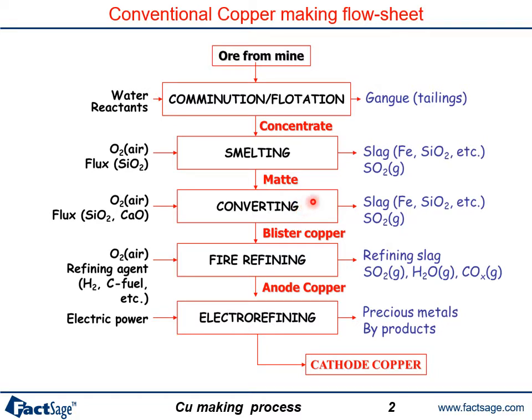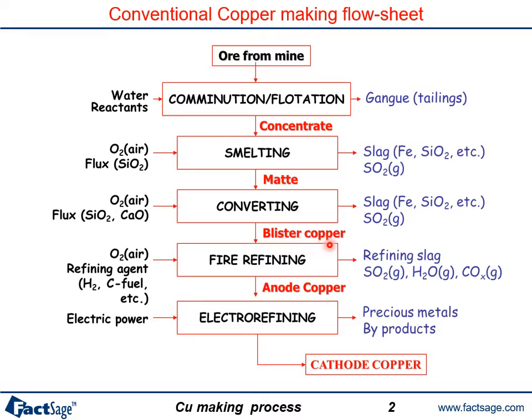And then the remaining matte, which contains about 80% of the copper and then about 20% of sulfur, goes to the second stage of the converting process. And even in the second stage of the converting process, we are injecting the oxygen and a small amount of flux to remove all the iron impurity and then remove the sulfur to make liquid copper.